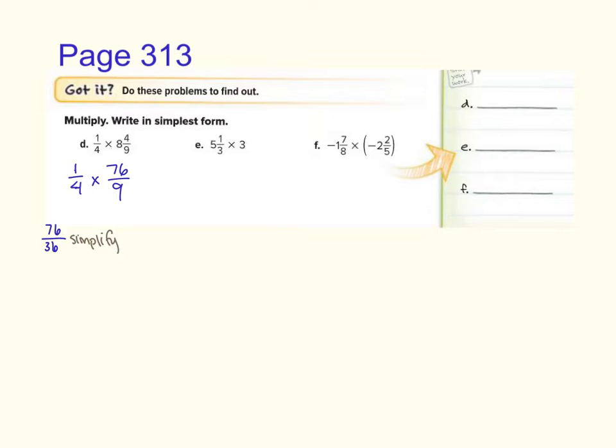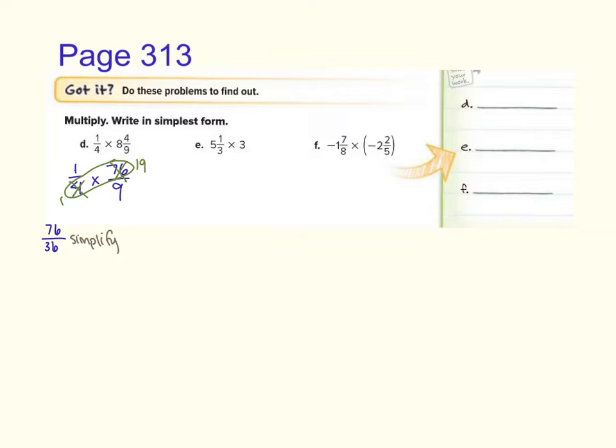So if we just take it back to the original problem, we can actually simplify. We can factor out a 4 out of here and a 4 out of here. So when we do that, 4 divided by 4 is 1. 76 divided by 4 is 19. So notice the location of these numbers in which we are simplifying. They're not a part of the same fraction, and they are diagonal from each other, okay?